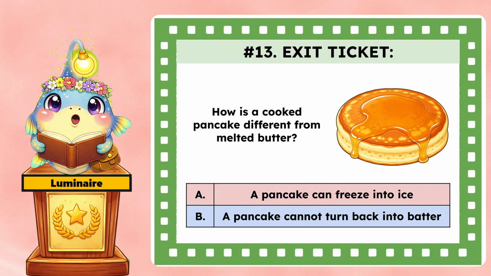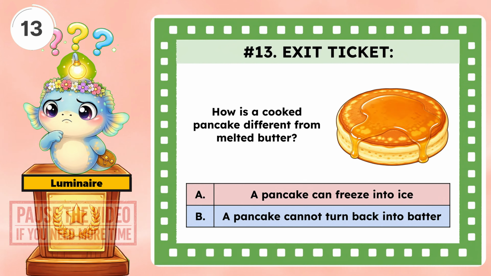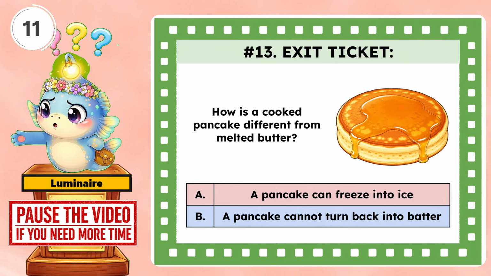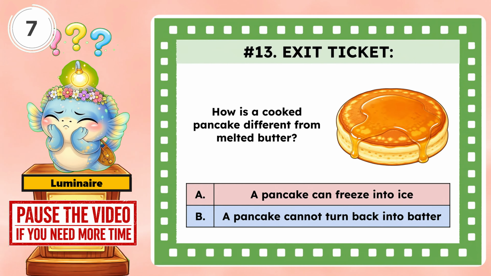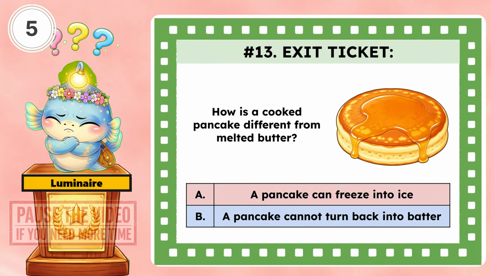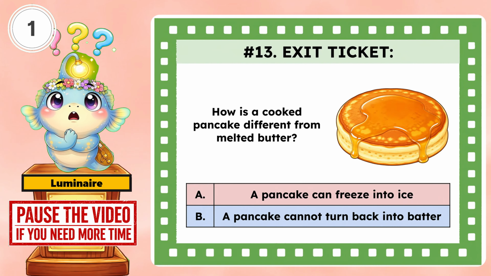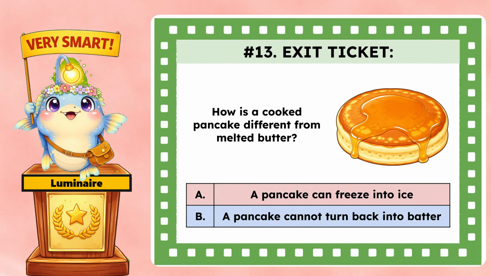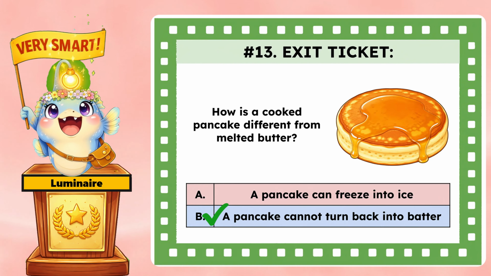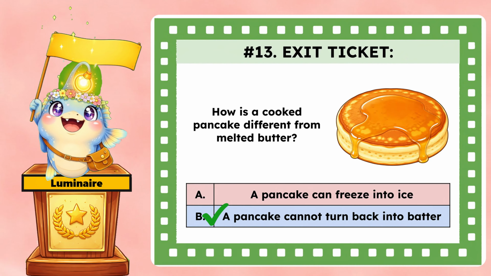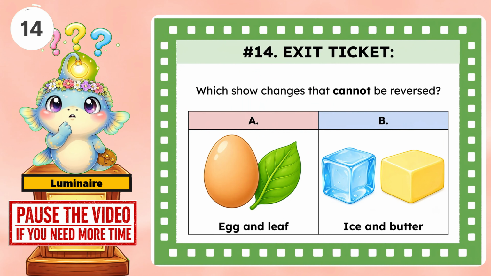How is a cooked pancake different from melted butter? And the correct answer is letter B, a pancake cannot turn back into batter. Which show changes that cannot be reversed?